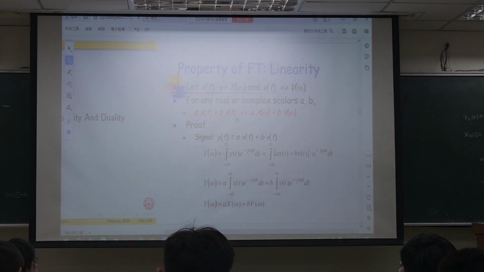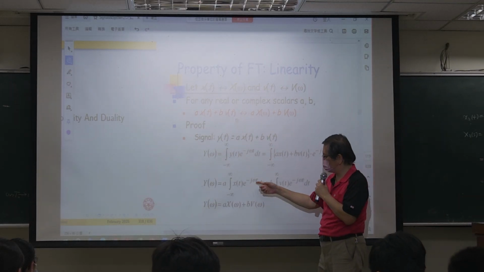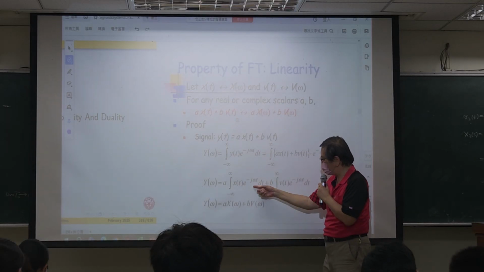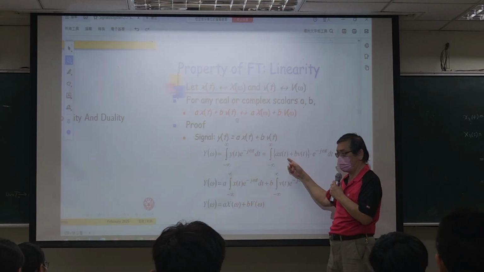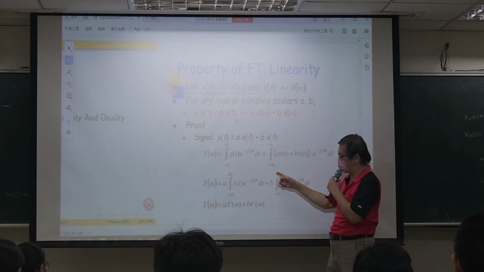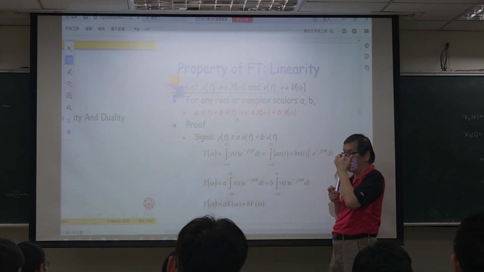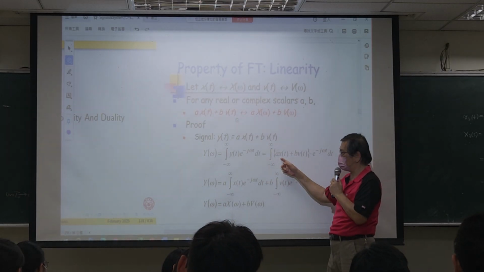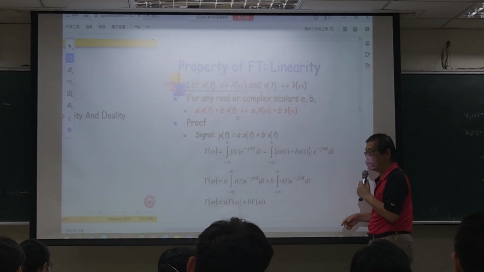Now, there's a catch here. It looks fine, right? But be careful. Mathematically, there's a catch. We assume this can be split, by assuming that we are dealing with finite functions, that x of t and v of t both are finite functions.